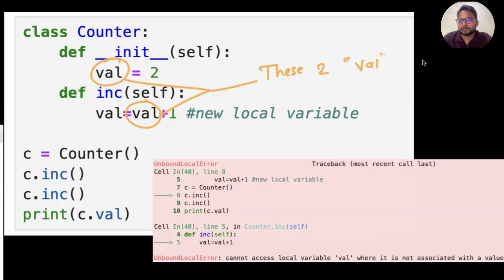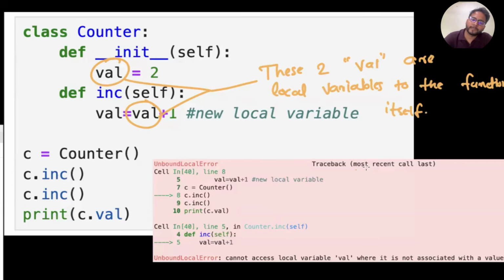These two vals are local variables to the functions itself. One val is not related to the other val.